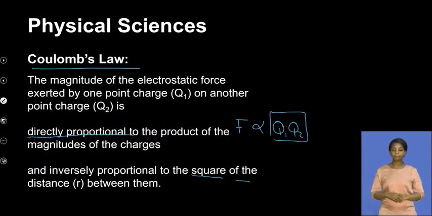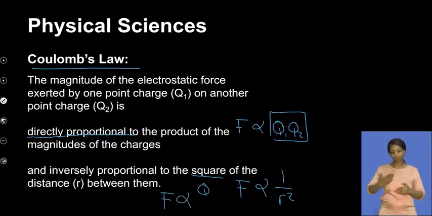So here, what are we saying? We are saying F, which is the electrostatic force, is inversely proportional to the square of the distance, which gives us at the end, F is proportional to Q1 Q2 over r squared, right? So there are two aspects to the definition of Coulomb's law, that of directly proportional as well as inverse proportionality, right?